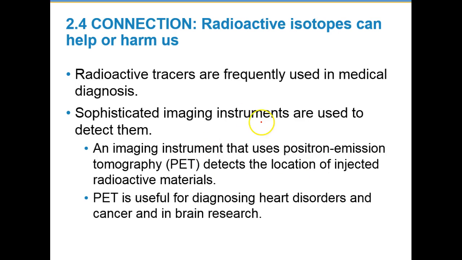Quickly, you don't have to write this either, but some radioactive tracers are used in medical diagnosis because they don't react any differently, and your body can't tell them from normal stuff. So we don't notice that it's a radioactive tracer. It's put into a body to look for heart disorders, cancer, or brain problems. One example is a PET scan, called positron emission tomography.